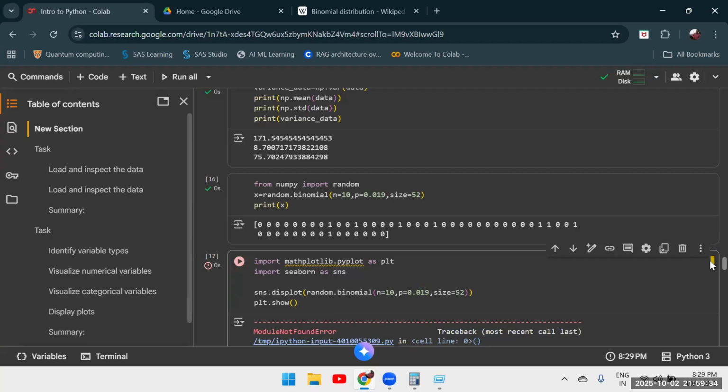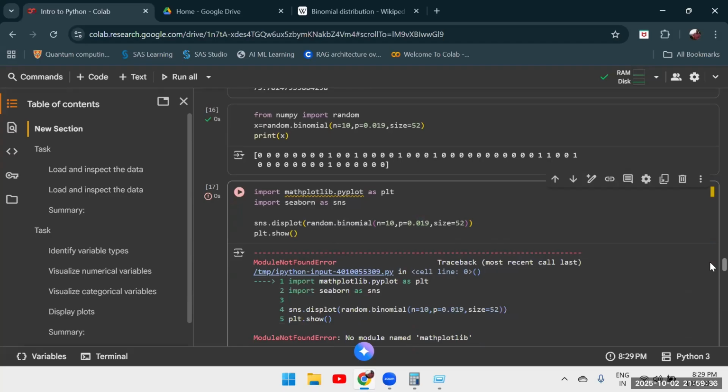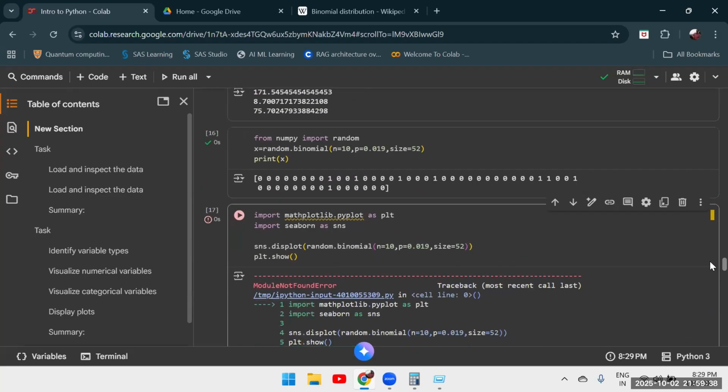Import matplotlib.pyplot as plt. It says there is no module named matplotlib. Why? Remove the H, sir. Math. Ah, right, you are right.